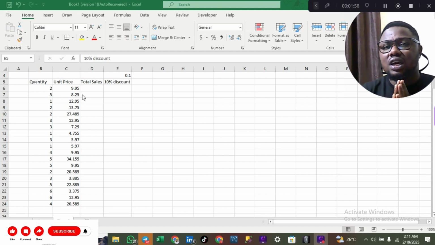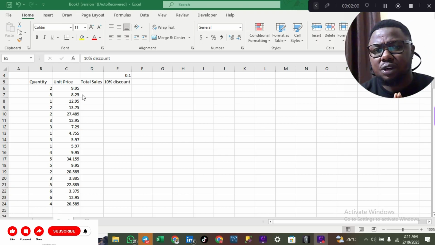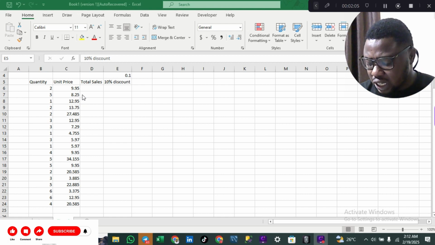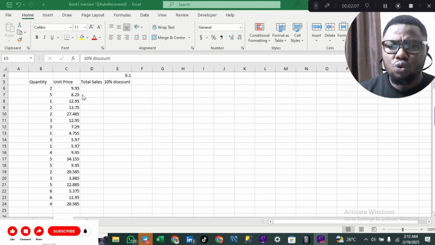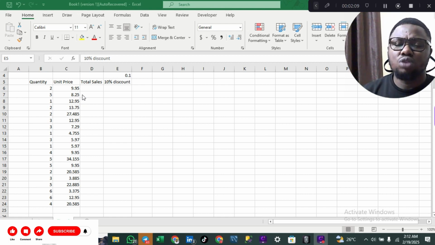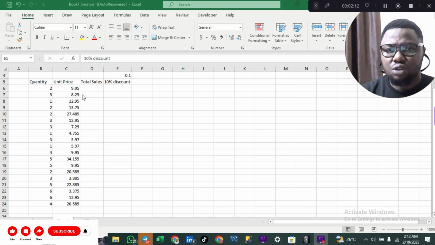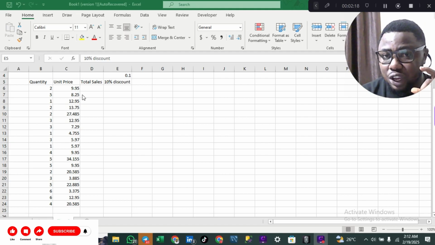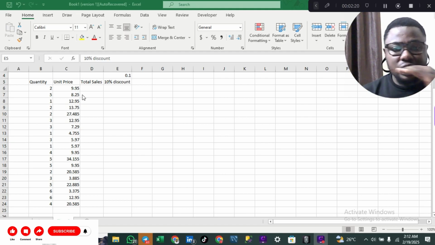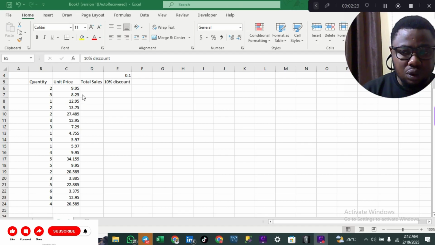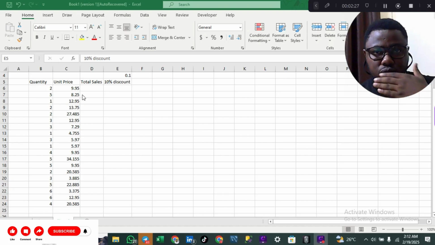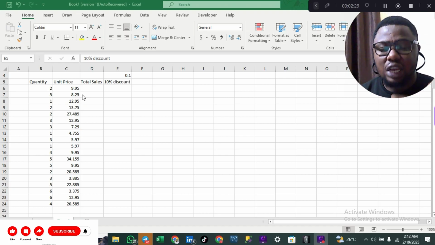Now there are different types of cell referencing. We have the absolute cell referencing, we have the mixed cell referencing, and we also have the relative cell referencing. Absolute cell referencing is a way you lock that particular cell from moving from one cell to another, whether it is from one row to another or from one column to another, when you are running a calculation.